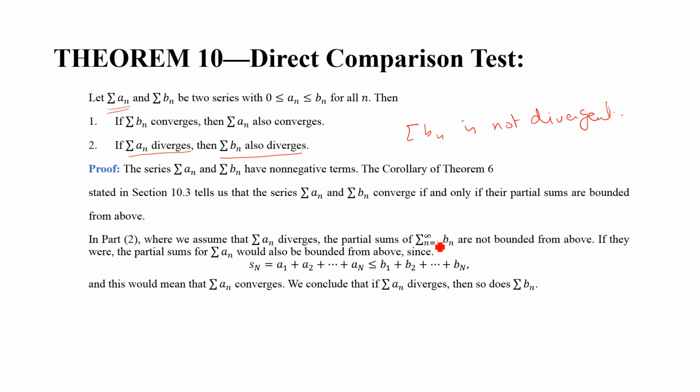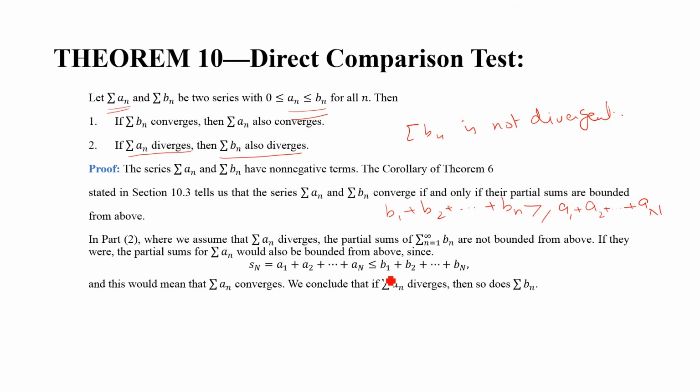So what does this mean? If sigma bn is not divergent, it means it is convergent. There is no other option. If it is convergent, then its partial sum must be bounded from above. So let's consider the partial sum b1 plus b2 plus up to bn, and because of this relation, this is greater or equal to a1 plus a2 plus up to an.